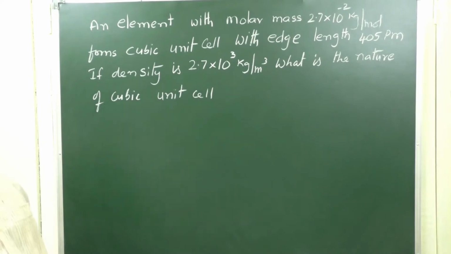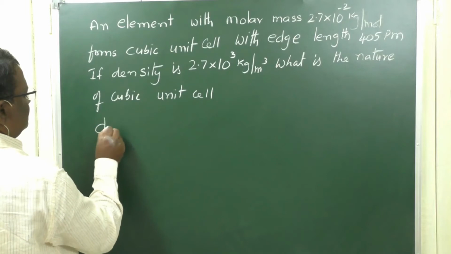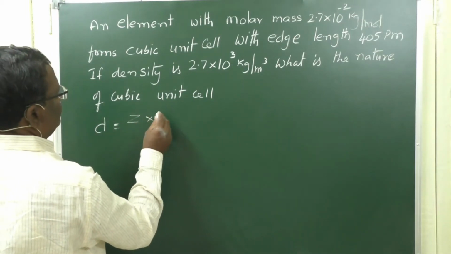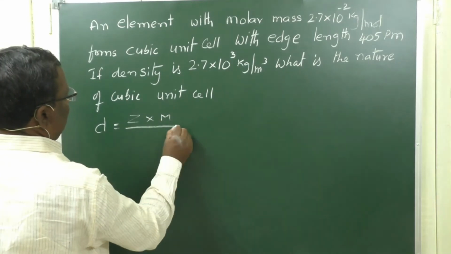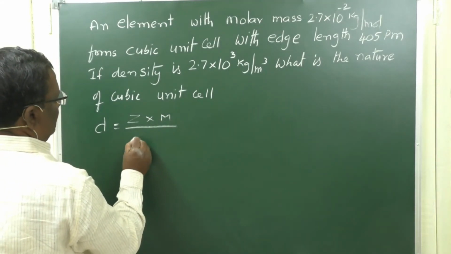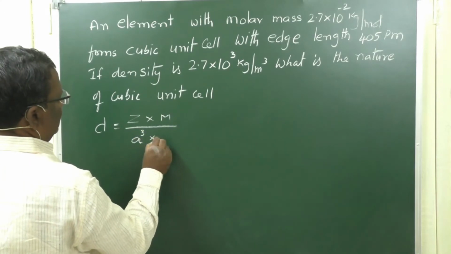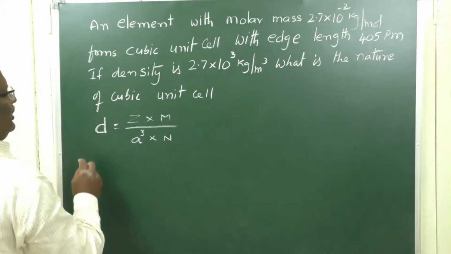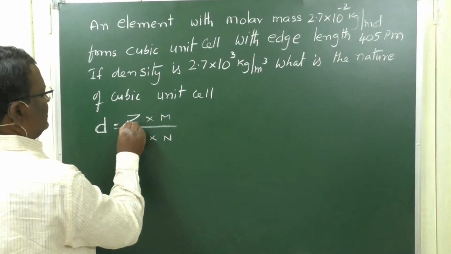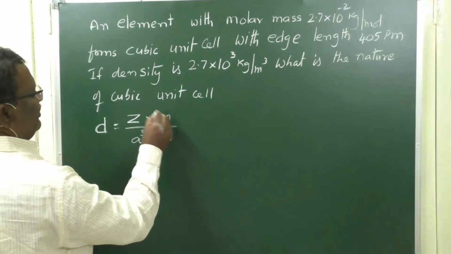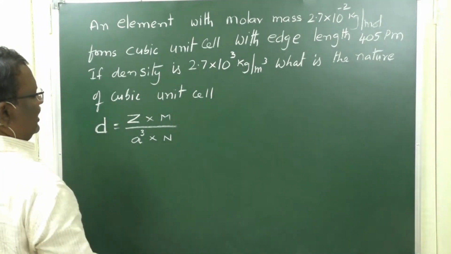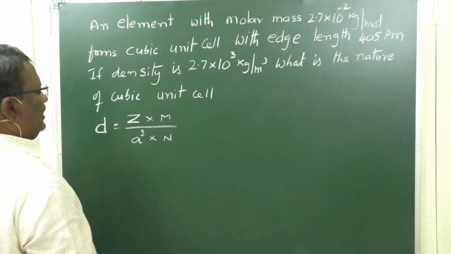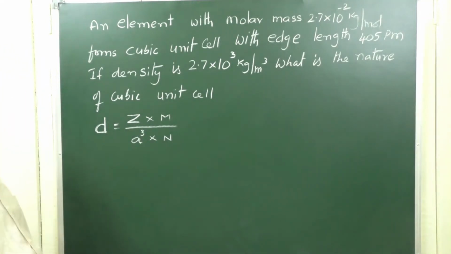Density D is equal to Z into M by A cube into N. Here D is the density, Z is the number of atoms in a unit cell, M is the molar mass, A cube is the volume of a unit cell and N is Avogadro number.